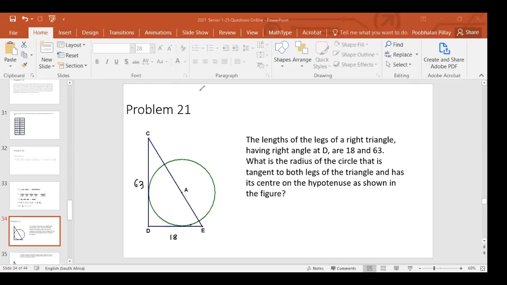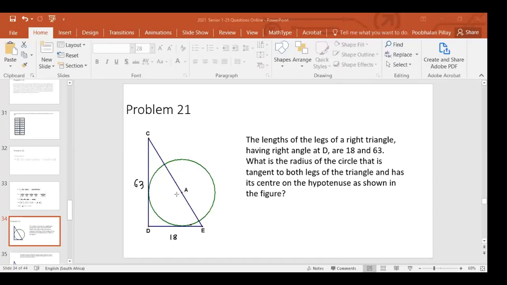Okay, so let's just see where the radius is in this picture. So we know the circle touches these two, and you know the lengths of those two sides. The question is now, what is the radius?